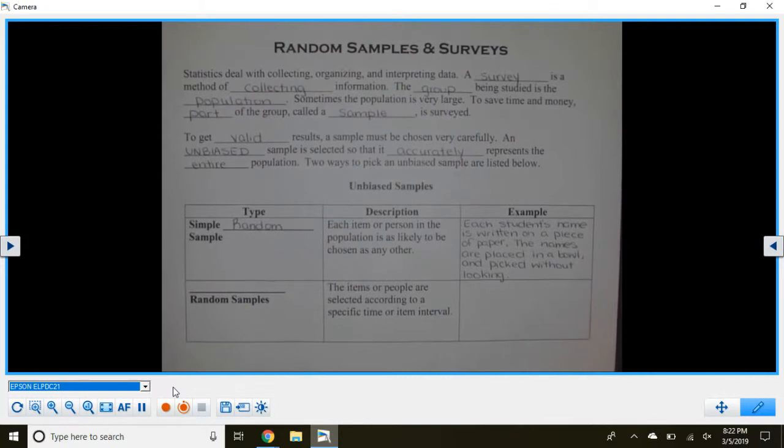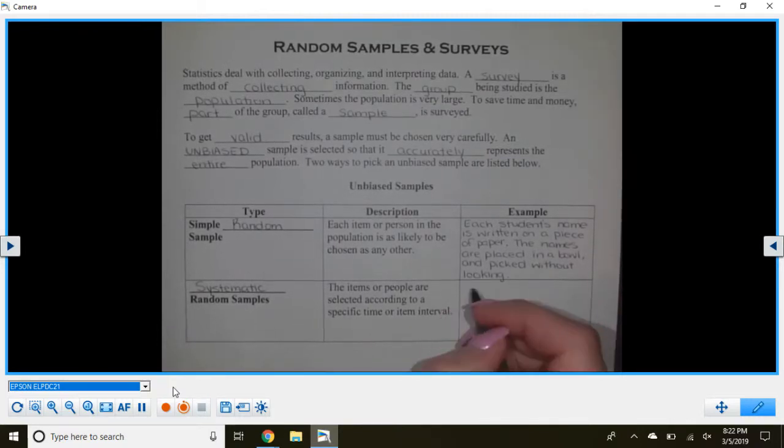The second unbiased sample is a systematic random sample. A systematic random sample is described as the items or people are selected according to a specific time or item interval.